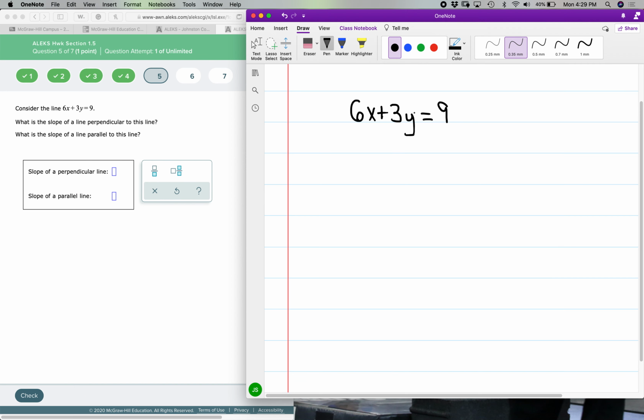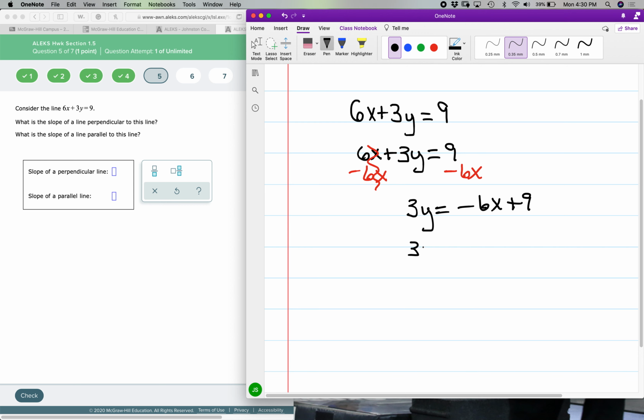For this problem, it says to consider the line 6x plus 3y is equal to 9, and we're looking at the slope of a line that will run perpendicular to this line, as well as the slope of a line that will run parallel. If we express this equation in slope-intercept form, getting y by itself, we take 6x away from both sides, so 3y is equal to -6x plus 9.